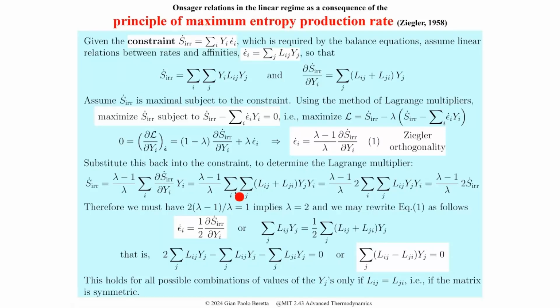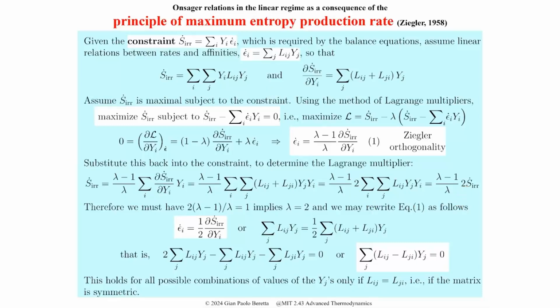If you switch the i's and j's here, things don't change because of the double summation. Therefore, this is twice this double summation here of just one L. But this double summation, written this way, is the entropy production rate.